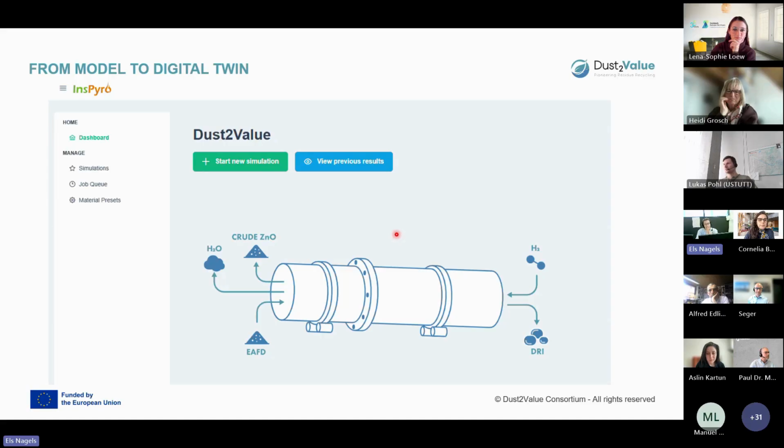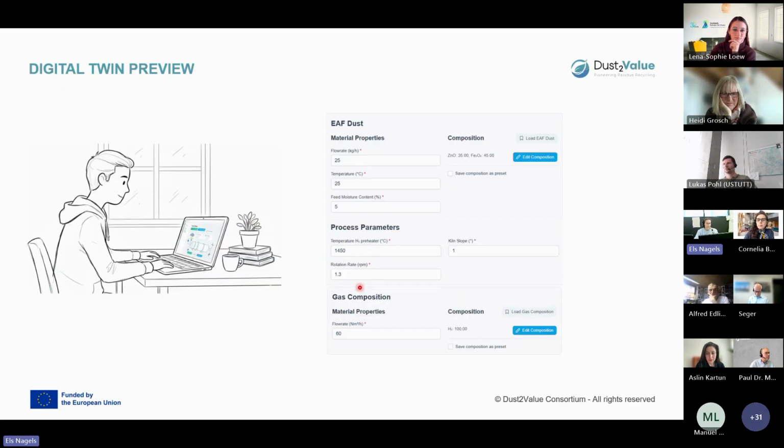So at this moment, the digital twin is a standalone system, meaning that all input comes from the user and it generates output. So the user, upon logging in, gets a screen to put in all the parameters they want to include, and then these will be used to calculate.